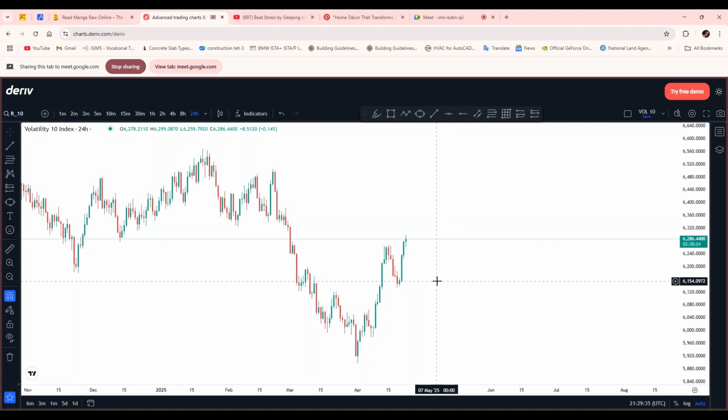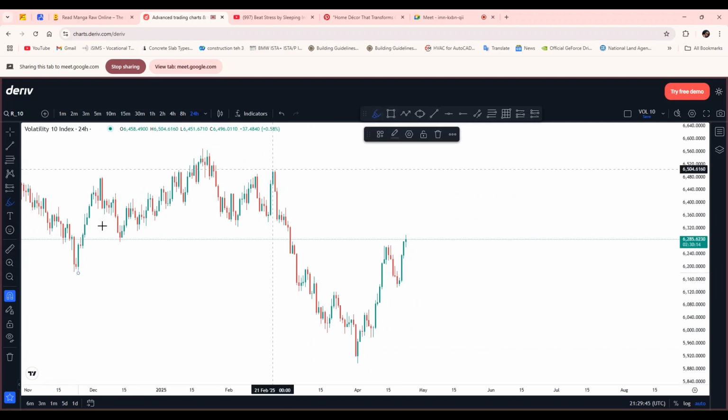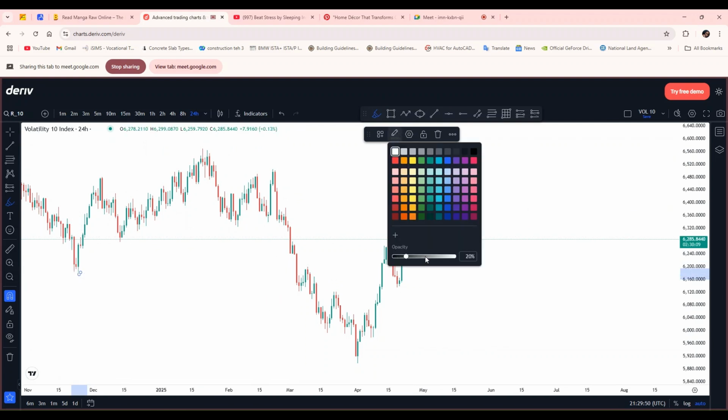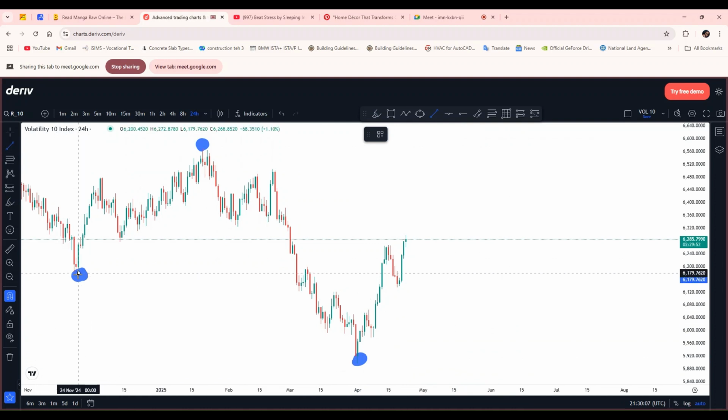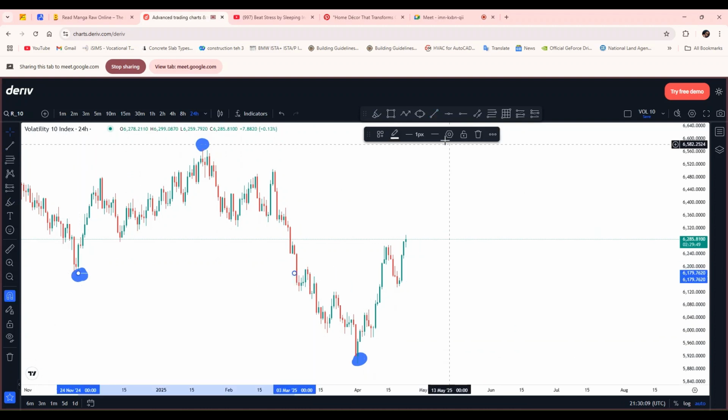Based off what we can see, just looking at the external market structure for volatility 10, we have a major external swing here, this particular low, and we also have a major high at that point, and this is the final major low. So we have 3 points which we will call the external points of this specific structure.